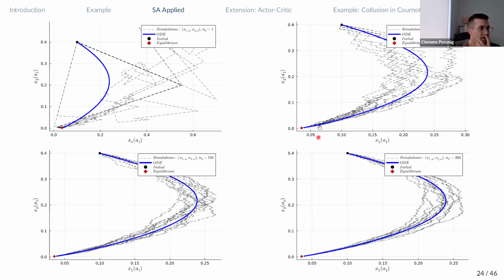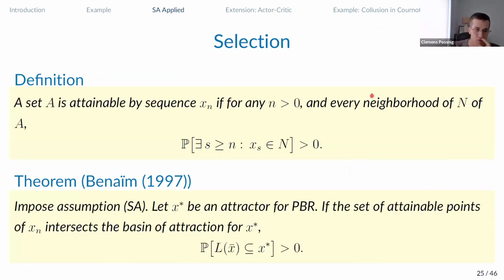Okay. Now, what about selection? There could be many internally chain transitive sets of the ODE. Are all of them going to be potentially learned by the algorithm with positive probability? Or could we say that some of these ICT sets are actually never going to be learned by the algorithm?